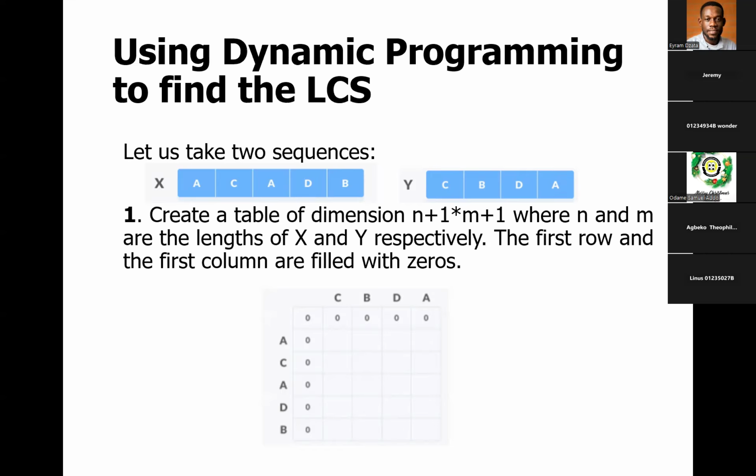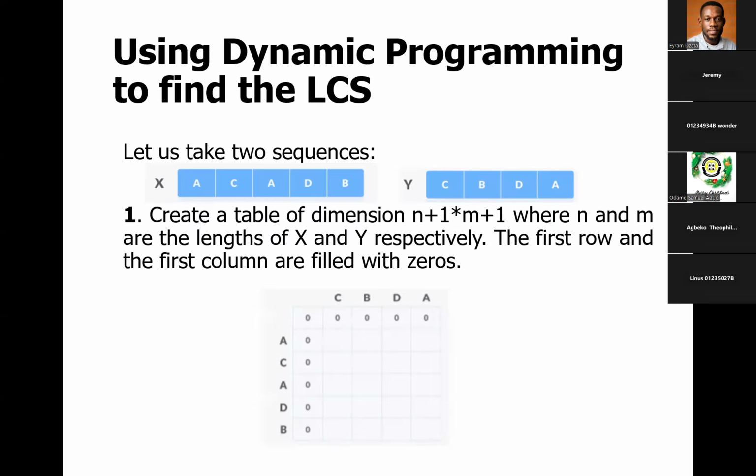Now, you can solve this by using the tabulation approach to find the optimal subsequence. By using the tabulation approach.